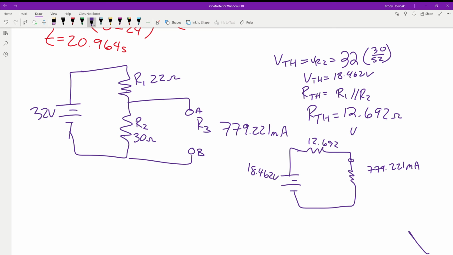So this V R Thevenin is equal to 12.692 ohms multiplied by the 779.221 milliamps. Yep.